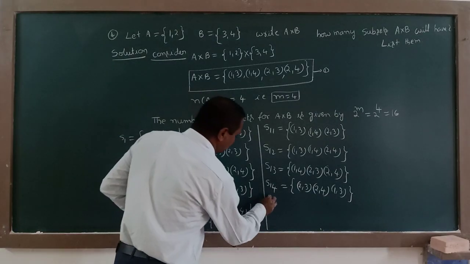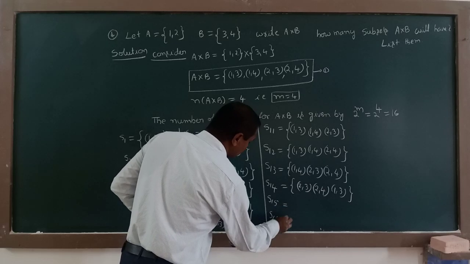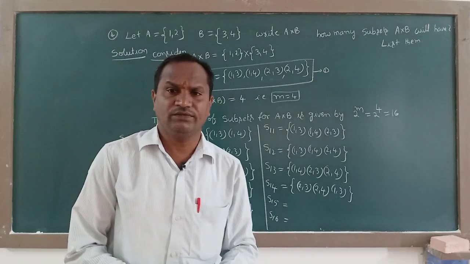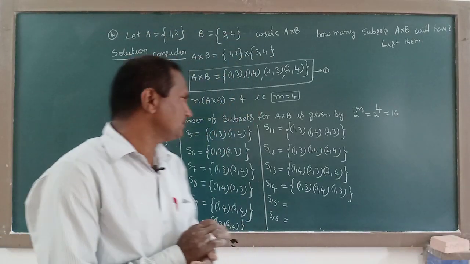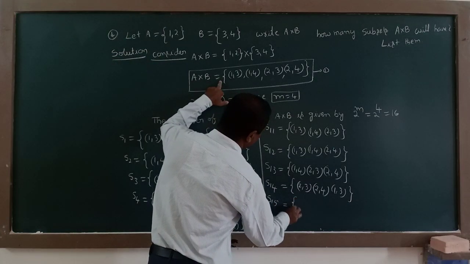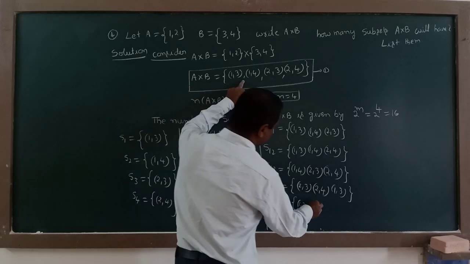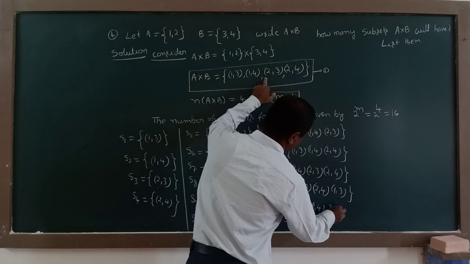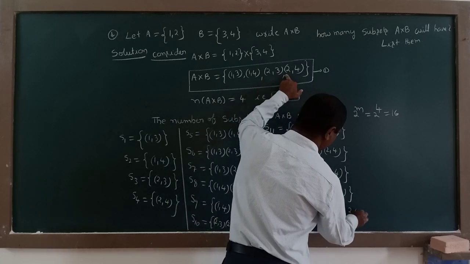Next, S15 and S16. S15 we can easily write: every set is a subset of itself, which means we can write the whole set here: 1, 3, 1, 4, 2, 3, and 2, 4.